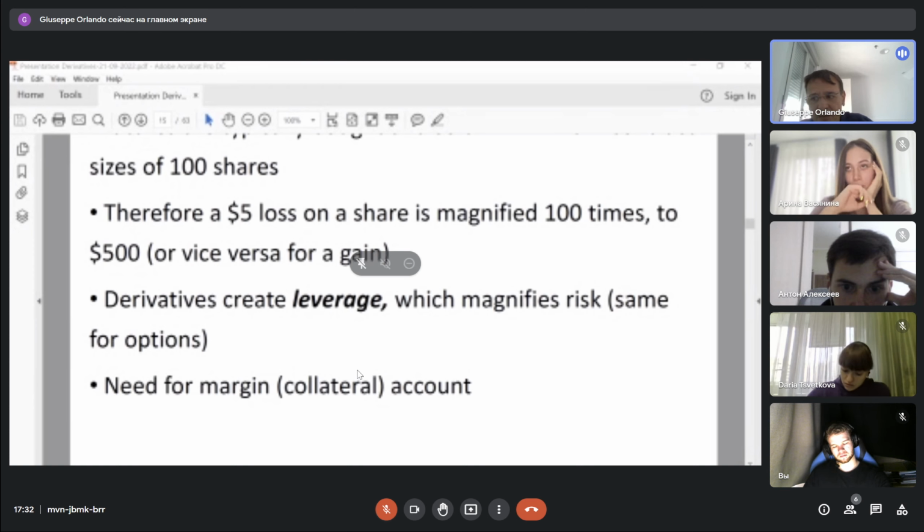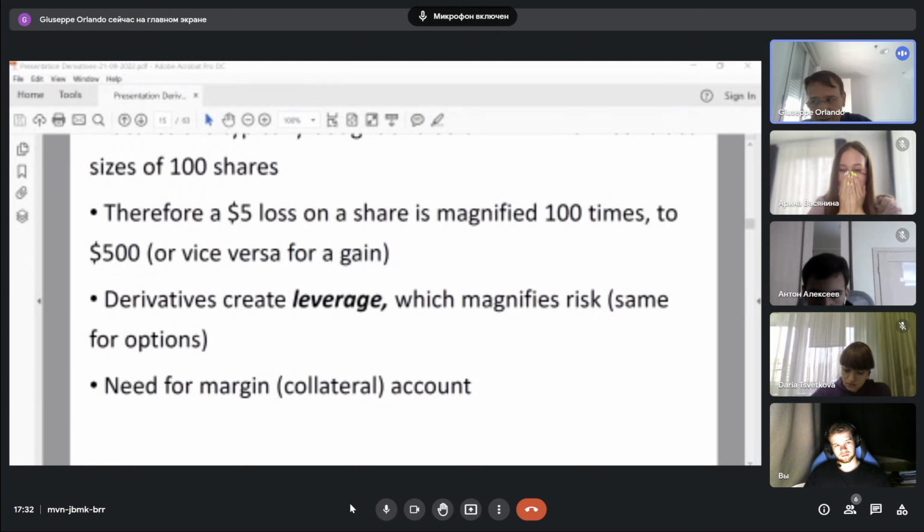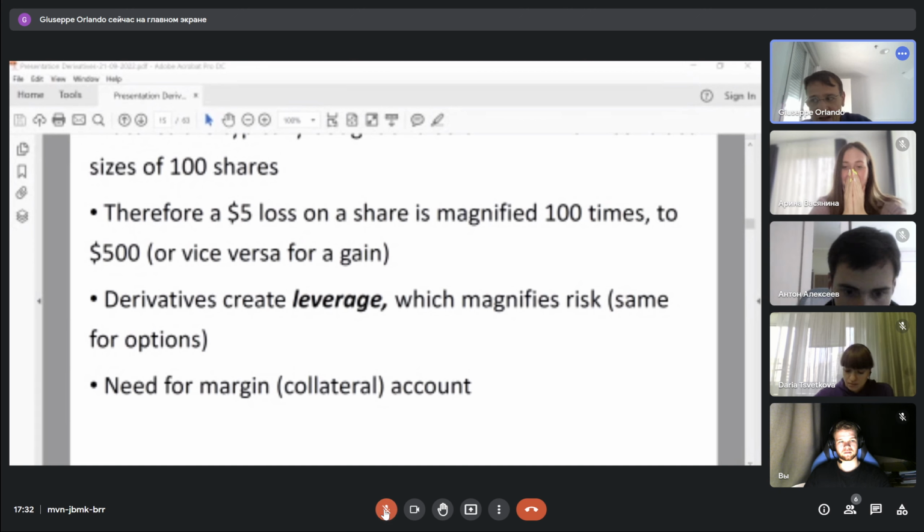So that is off balance sheet. You cannot see it in the balance sheet. That's why, again, you need rules and regulation in order to represent this exposure correctly. Okay.